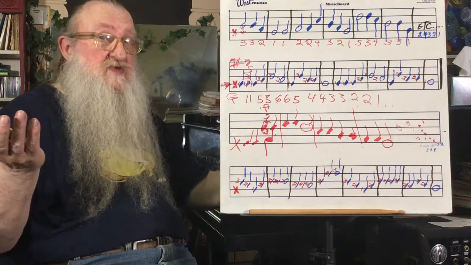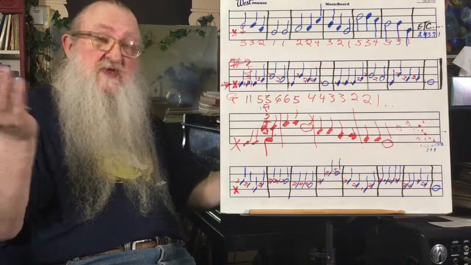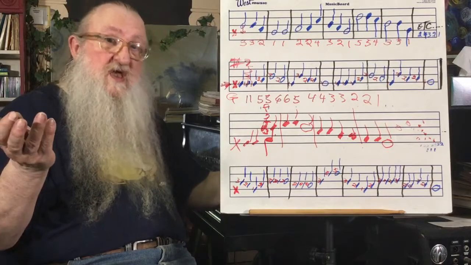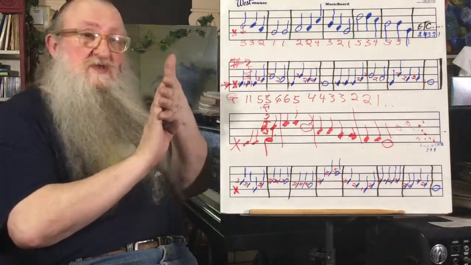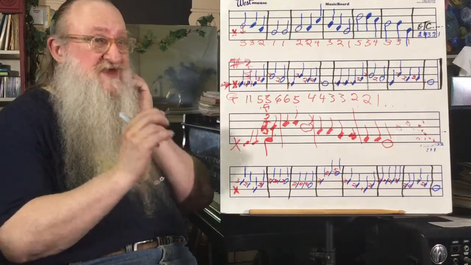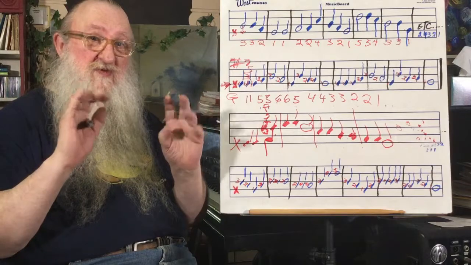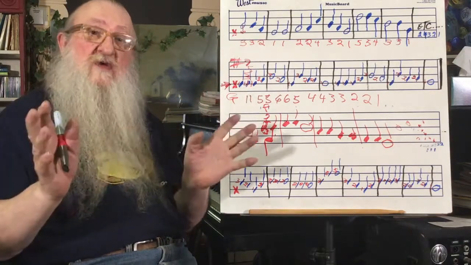Often all you have to do is find out where 1 is on the pan pipe, learn to play up and down the pan pipes. They're usually diatonic. Some pan pipes there are two rows, and the one row is diatonic and the other row gives you your sharps and flats. So it doesn't matter what key it's in, you learn to play 1, 2, 3, 4, 5, 6, 7, 1, 7, 6, 5, 4, 3, 2, 1, and you're off and running.